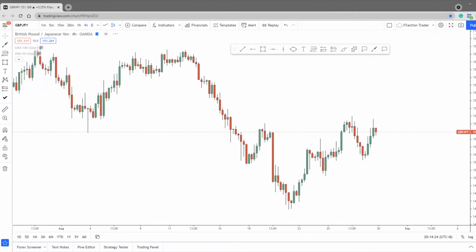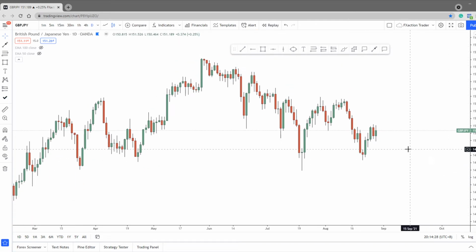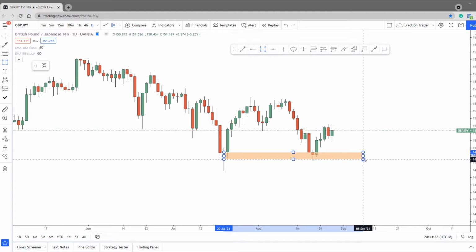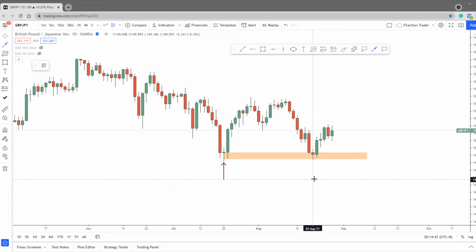For the Pound Yen, let us have a look on the daily chart. First thing I can see is that this is a very strong support level at 149.6. Market created this level, and market was trying to break below this level, but failed to do so.